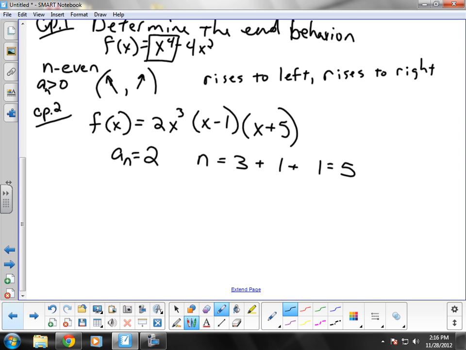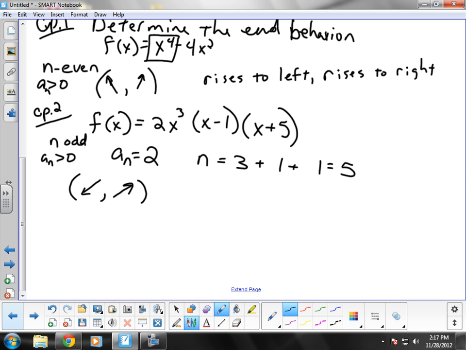Very good. So just knowing that without having to go through and multiply all that junk together, what do I know about this end behavior? It's positive, n is odd, and a sub n is greater than 0, so it starts down but ends up.